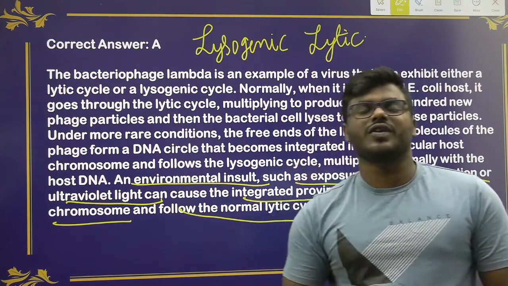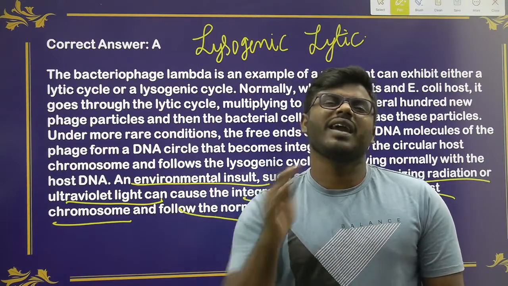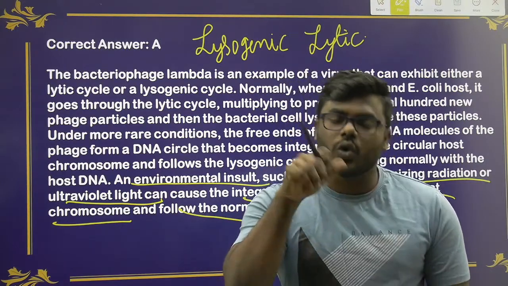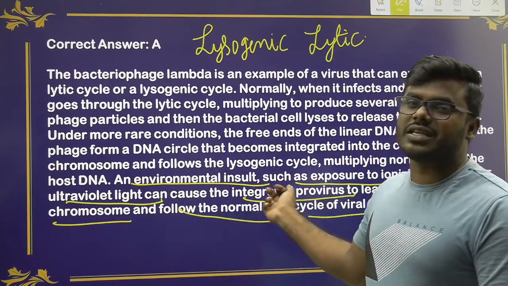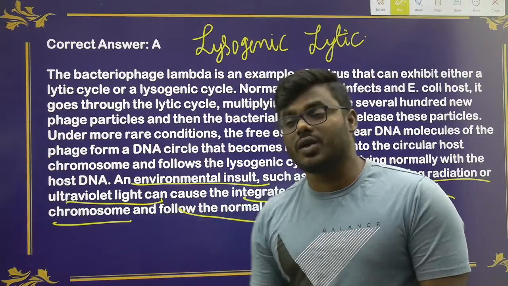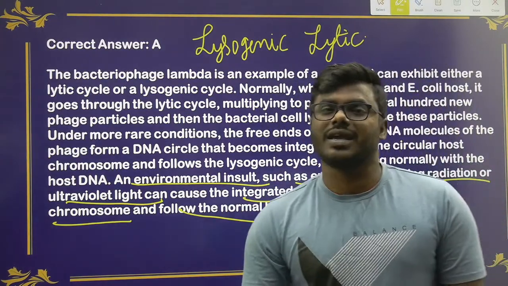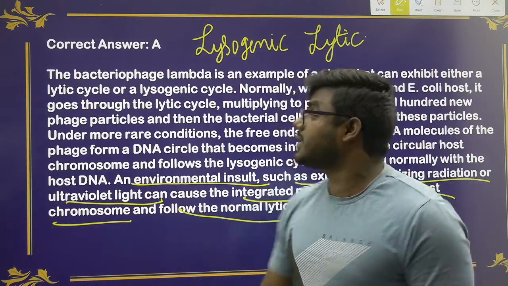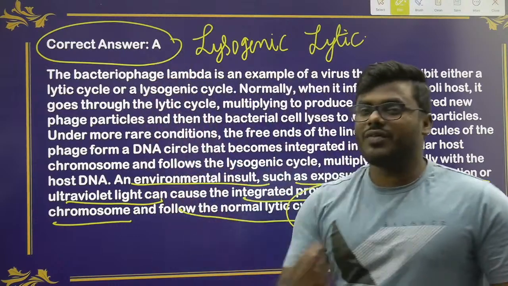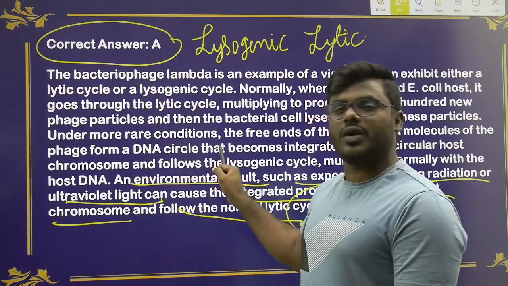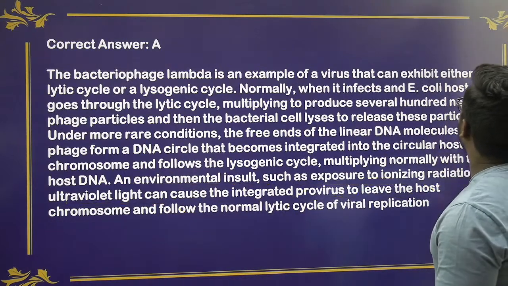When the bacteriophage is exposed to very high intensity of sunlight, it cannot stay on the host chromosome. That's why it can easily come out and start the normal life cycle. That is the normal lytic cycle of replication. Do not forget that. Hence, the question number 2 answer is A. If anyone did not understand question number 2, you can go with the answer and ask me for the explanation on Telegram.